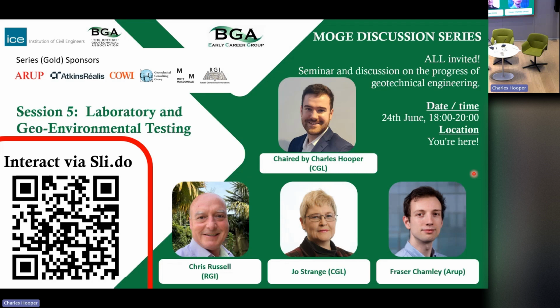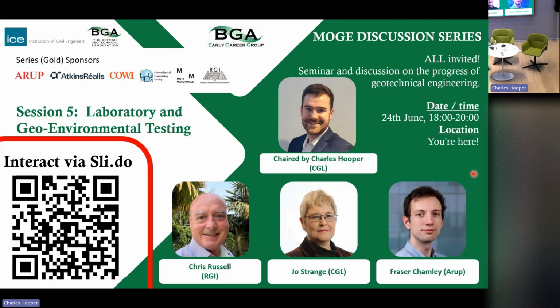Right, lovely. Thank you very much for joining us in person and online. This is session 5 of our MOGE discussion series, where we review chapters of the Manual of Geotechnical Engineering, inviting the authors to speak on the chapters and the interesting things that they've written or what they couldn't.